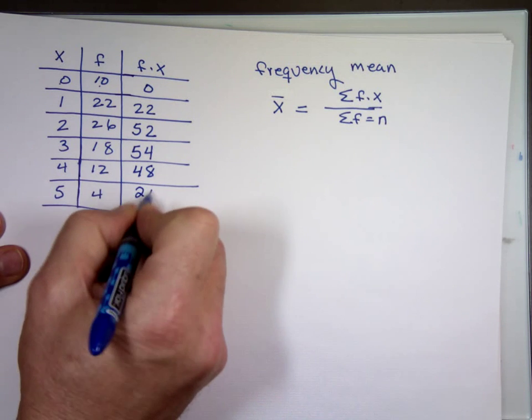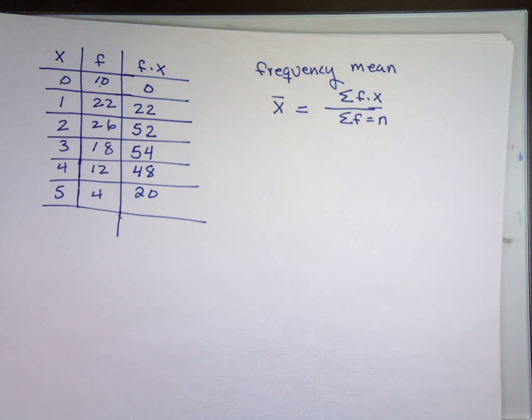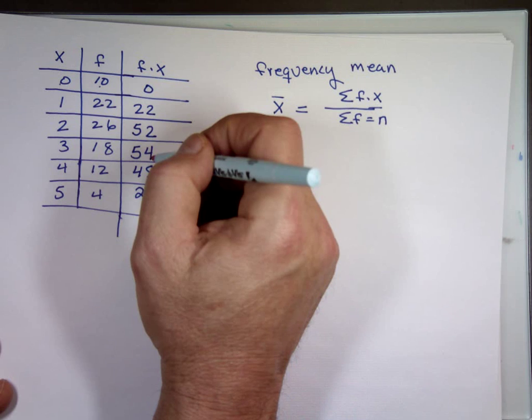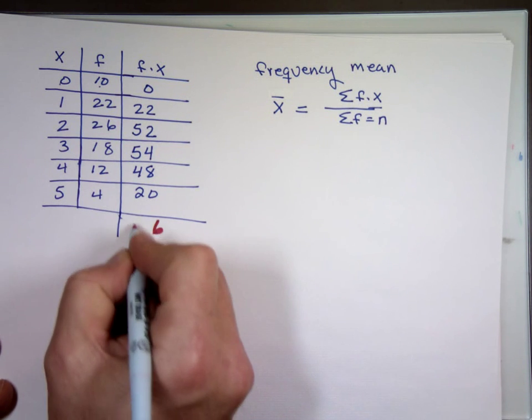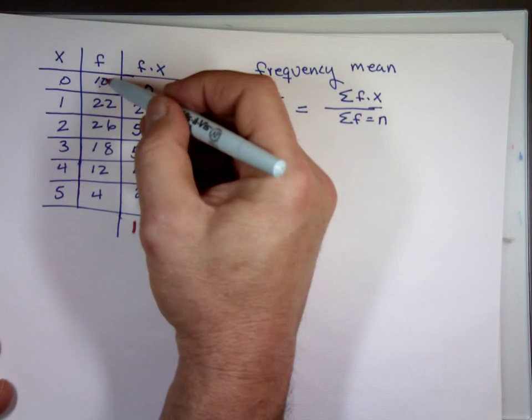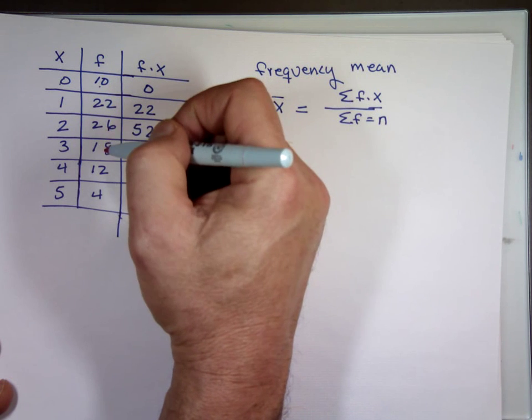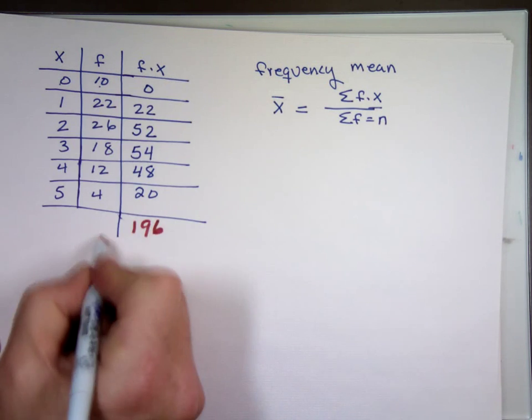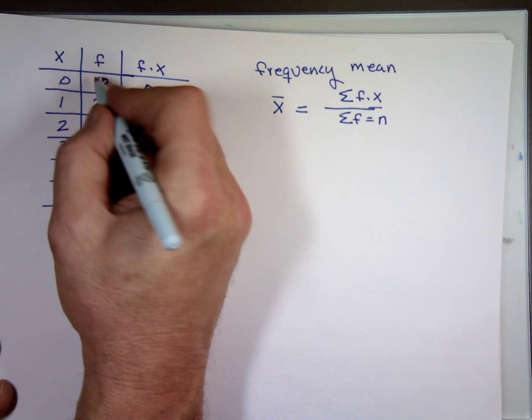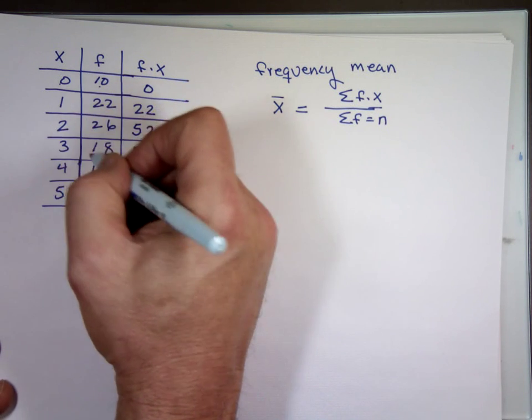I need to add them. 196? And for the frequencies: 10, 32, 58, 76, 88, 92. Is that 92?